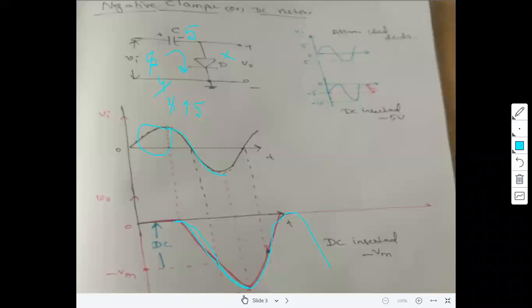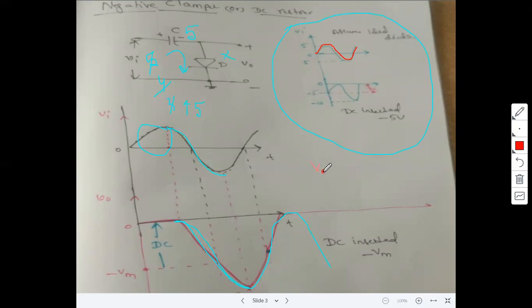Now we analyze the waveform. Observe this portion only. This is the input signal, 5 and -5. I already explained the three cases. When input is equal to 0, output is equal to -5 volts.